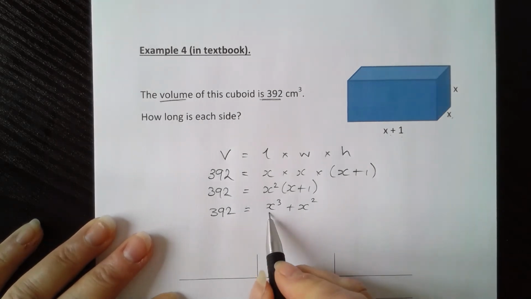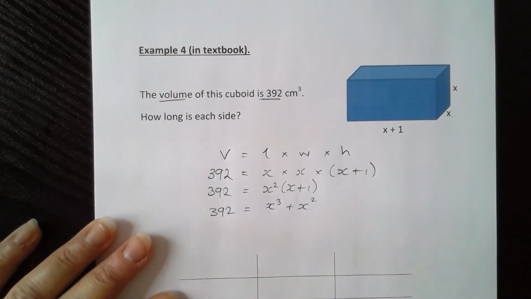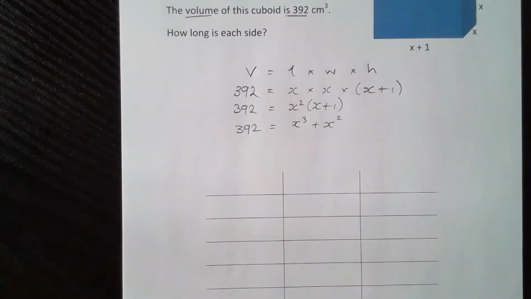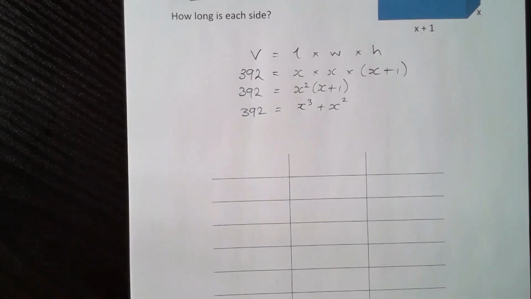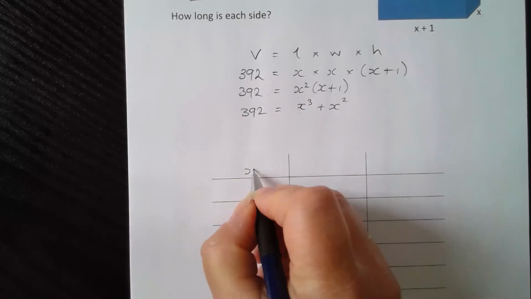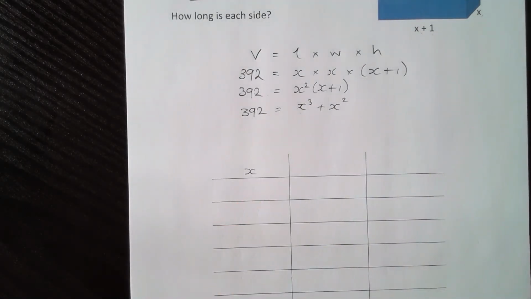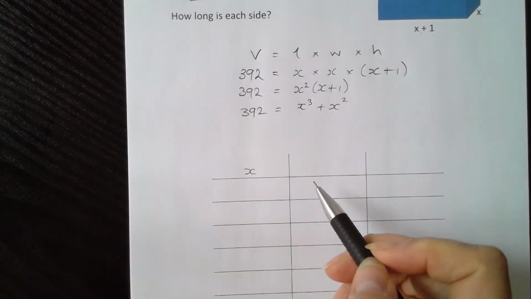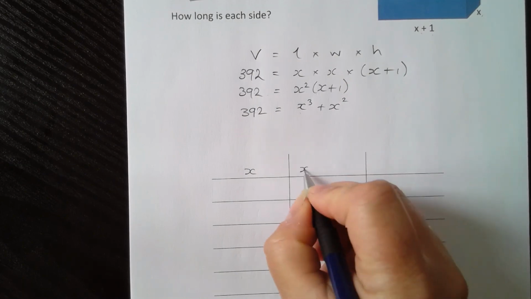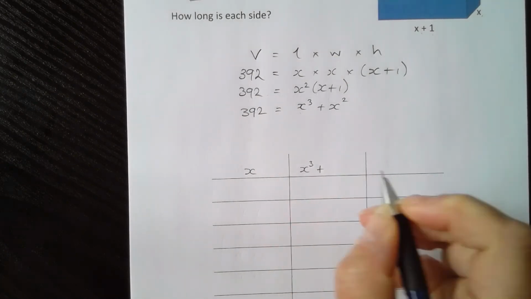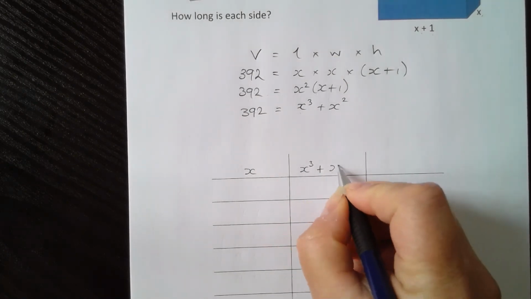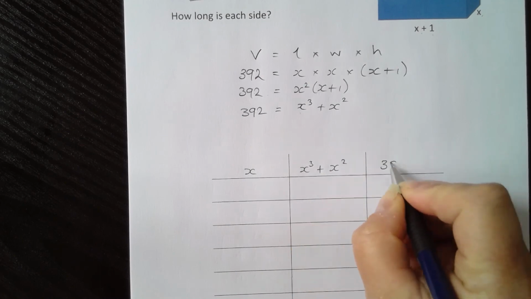And that's the equation I want to solve. It's a cubic equation, you're not going to be able to use one of your standard methods, so we'll use a method of trial and improvement. I need to find the value of x because I'm solving this equation. So I'm going to substitute values of x into x cubed plus x squared, and I want to make 392.